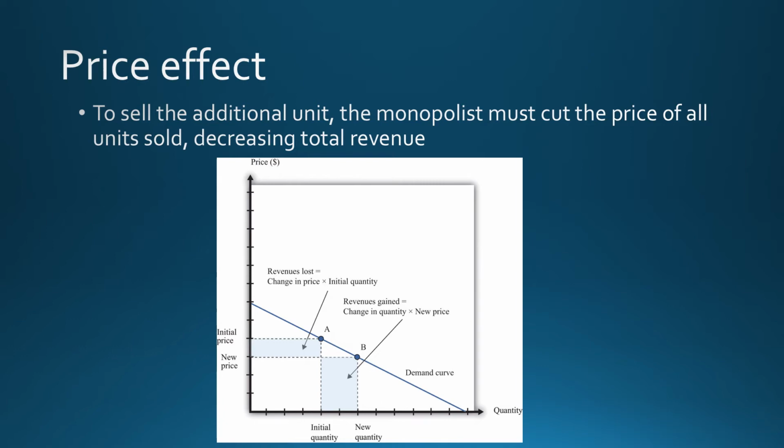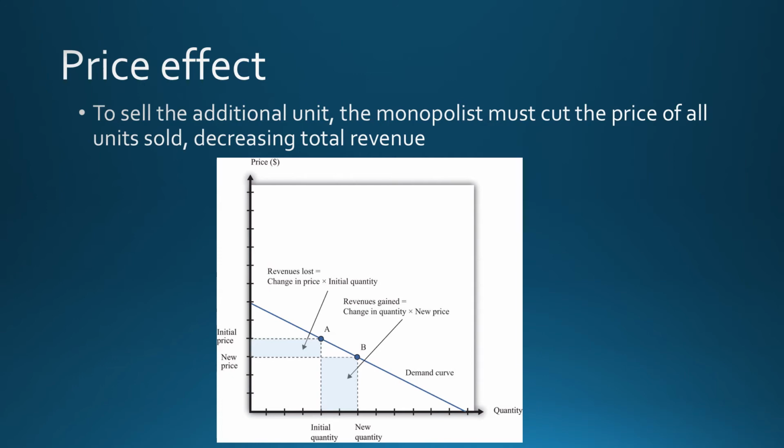This is the revenue they lost. They had those revenues before because they sold the initial quantity at the initial price, point A, but now they've lowered the price. The price between A and B, they've lost for all the quantities they had already sold, so their total revenue will fall. Again though, there is that quantity effect, which is the opposite.